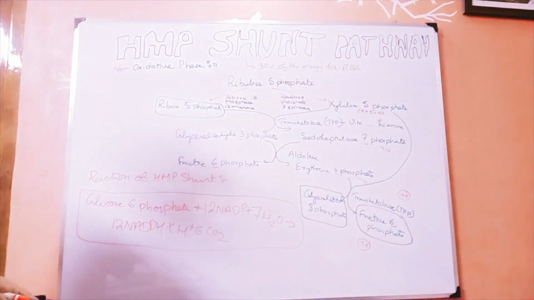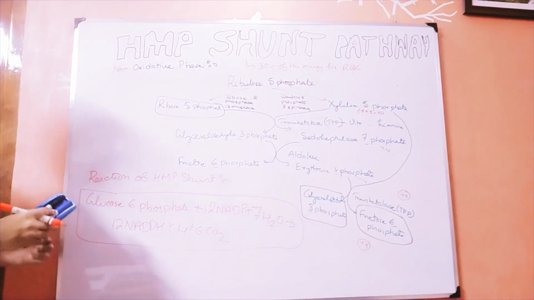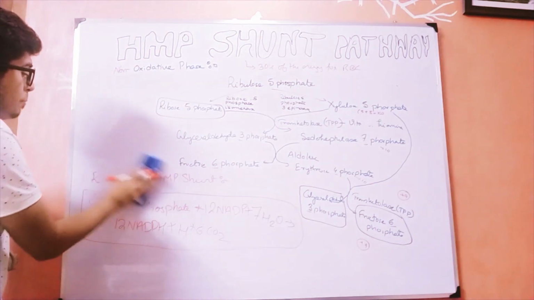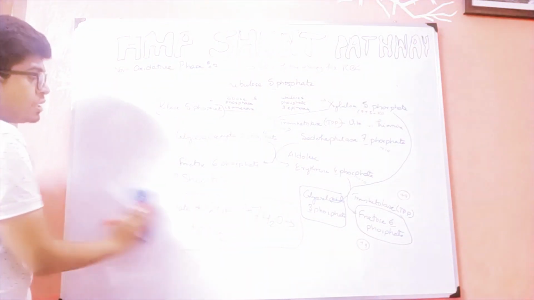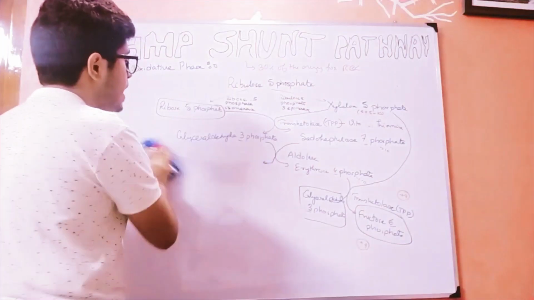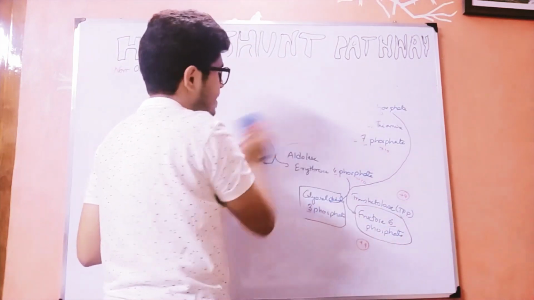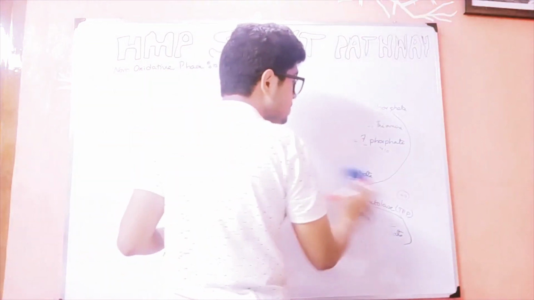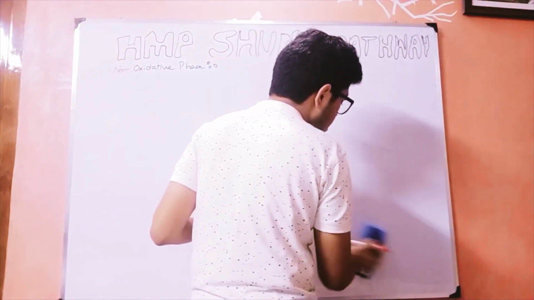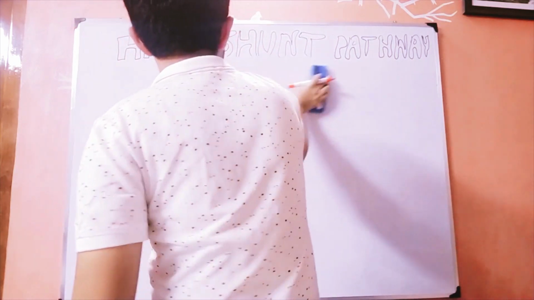So now, what is the use of this HMP shunt pathway? That is also very important, because this HMP shunt occurs mostly in the cells where the biosynthesis of lipids takes place, such as the gonads and the adrenal cortex, where we know tremendous amount of lipid biosynthesis is taking place.